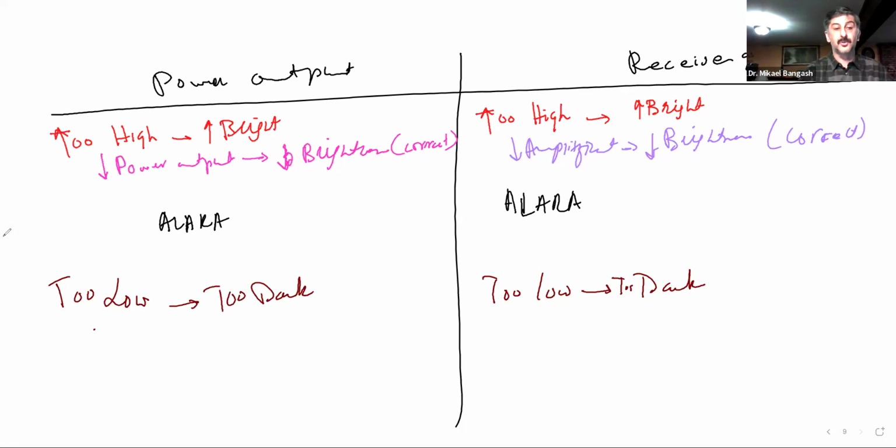If you had an image that was too bright, it could be corrected by reducing either your amplification or your power output. But based on the ALARA principle, which of these two would you reduce first? The output power? Output power, exactly right.